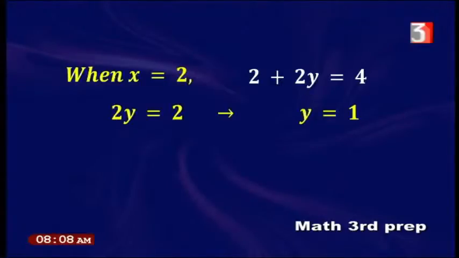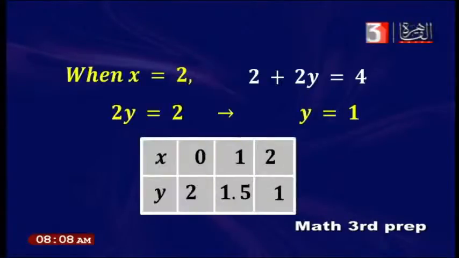So we are going to plot the table as follows. As x equals 0, y equals 2. As x equals 1, y equals 1.5. And when x equals 2, the value of y will be 1. Try to plot the graph for such an equation.